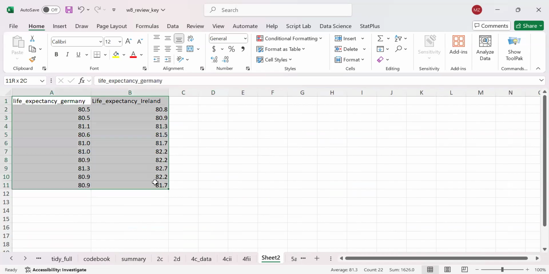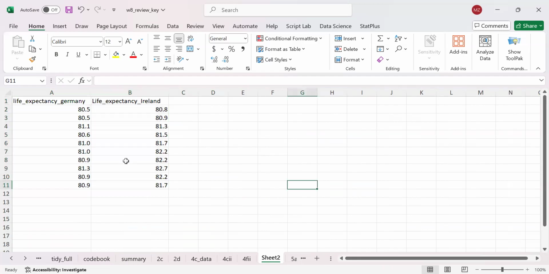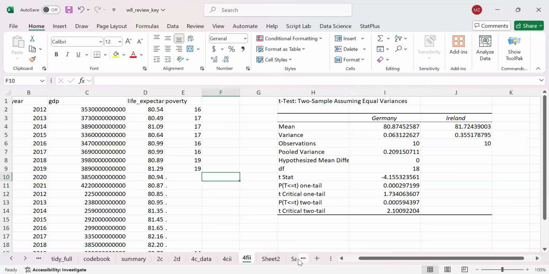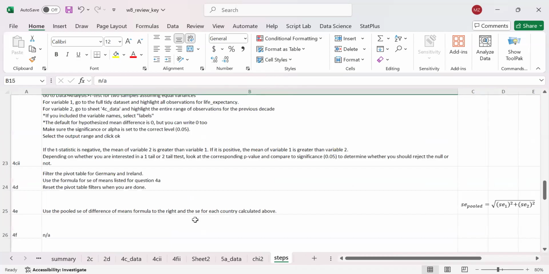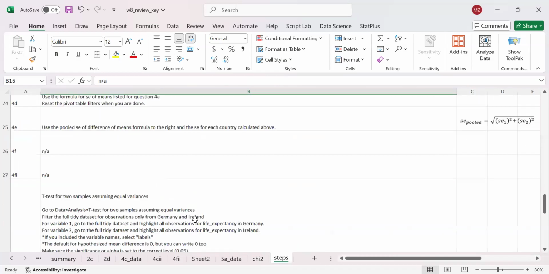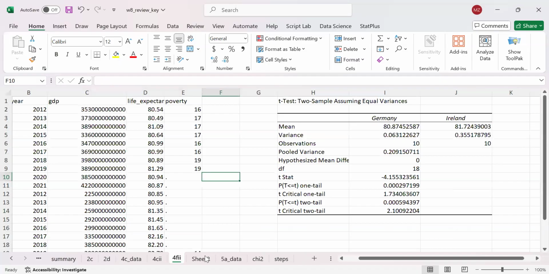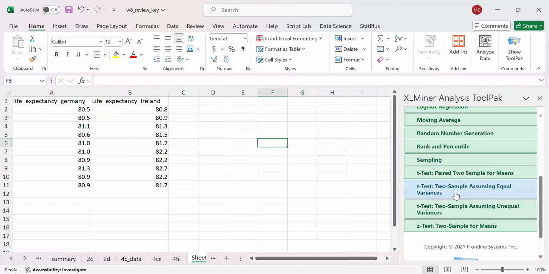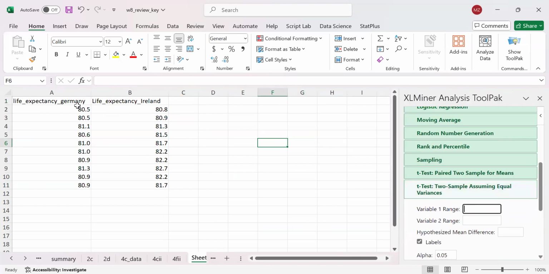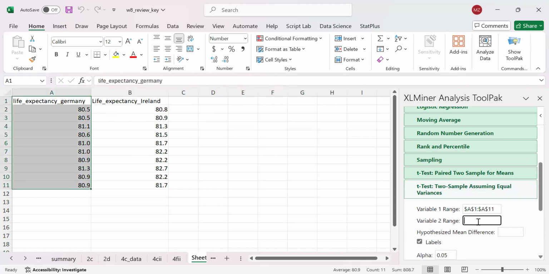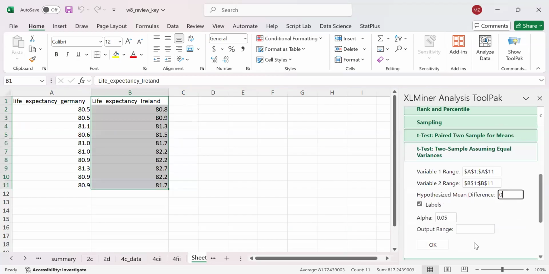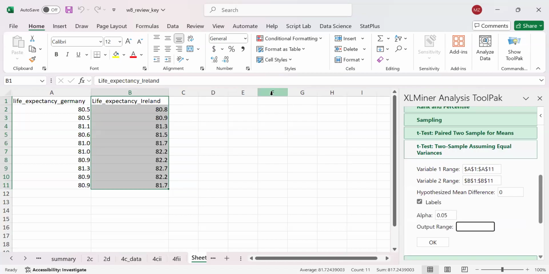We are assuming equal variances again. So do the Data Analysis ToolPak t-test assuming equal variances. Variable one would be Germany, variable two would be Ireland. Hypothesized mean difference is 0. And let's print the results here.